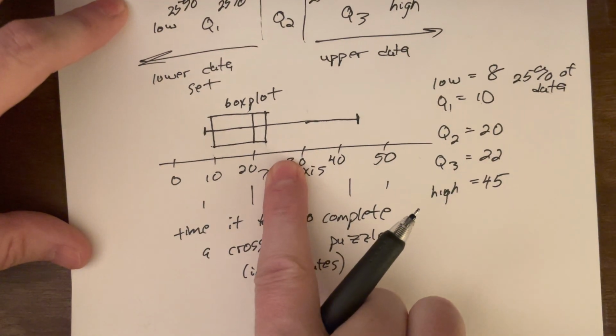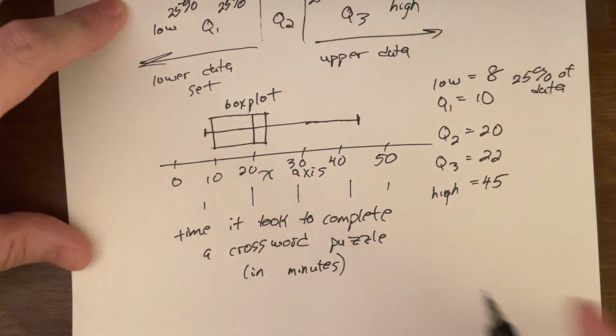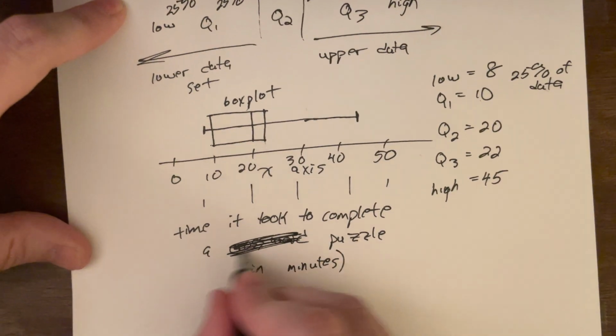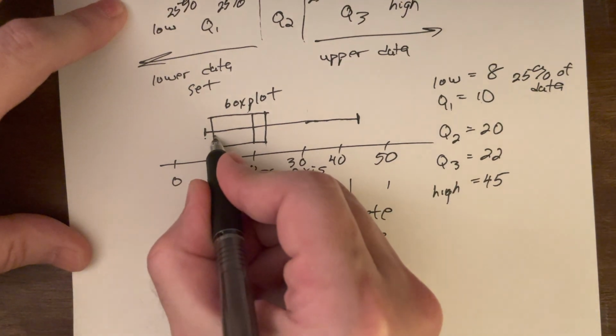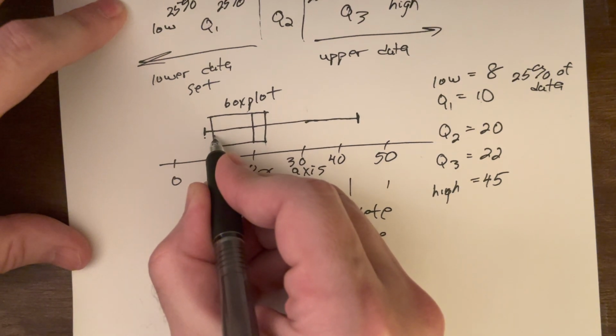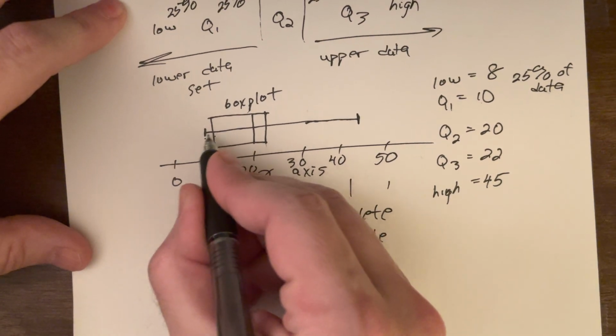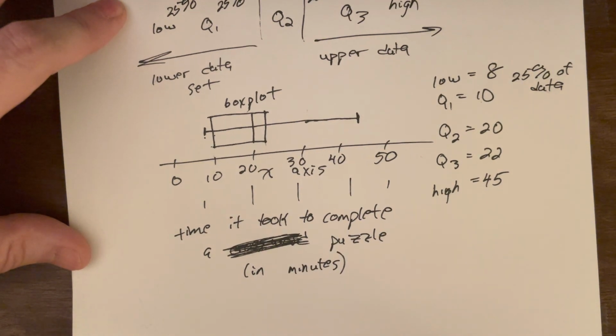So looking at this example, 25% of the people who completed, let's not call it a crossword, that would be a pretty quick time. So just whatever this puzzle is, here to here, that is a very small gap. So in a lot of people's minds, this represents a small number of data or a small number of people, whatever the context is.